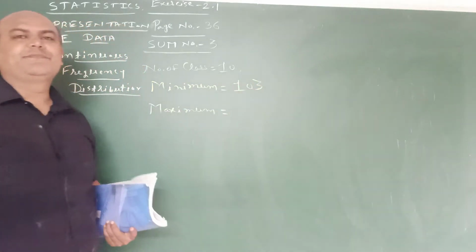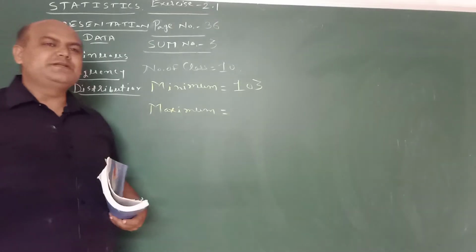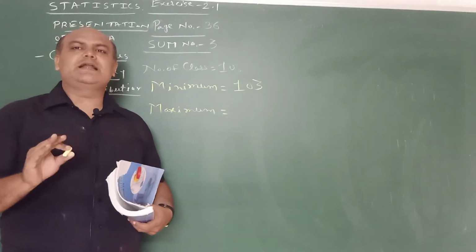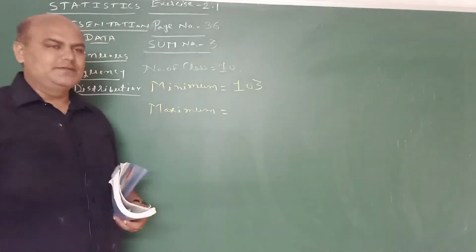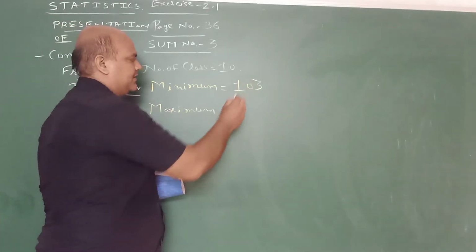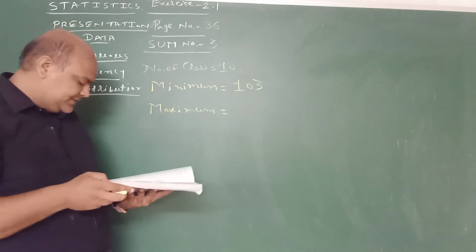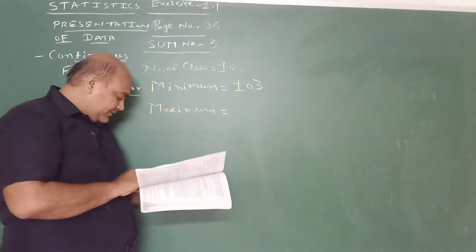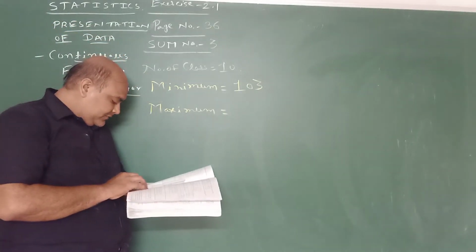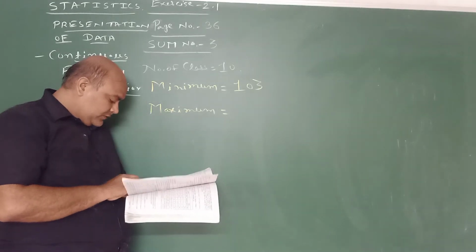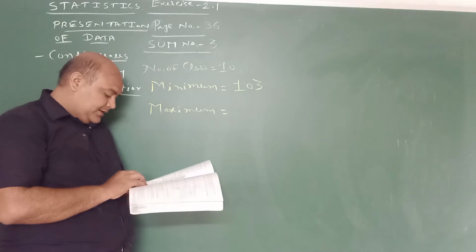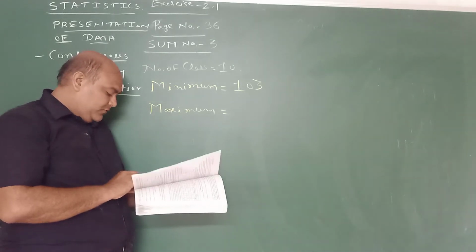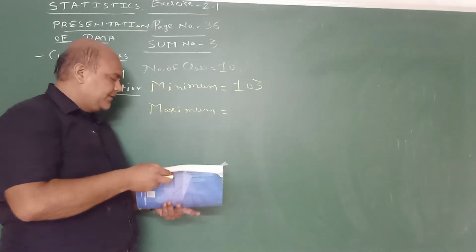It means in continuous frequency distribution, first class must cover the minimum, that is 103, and the maximum is 1075.